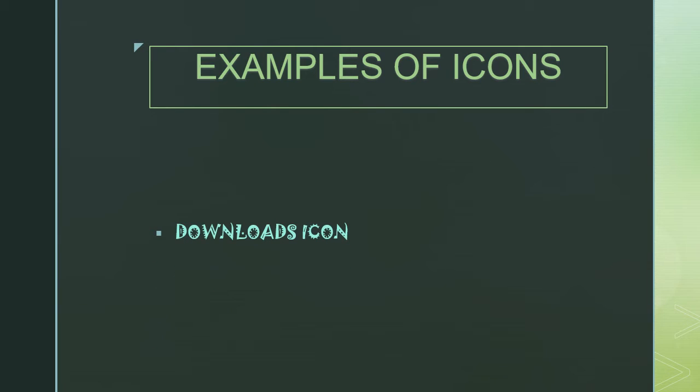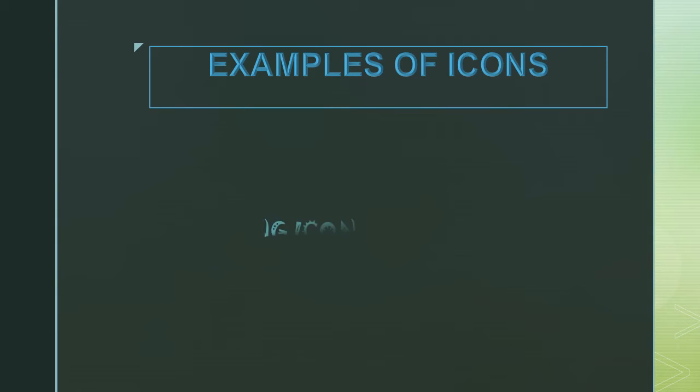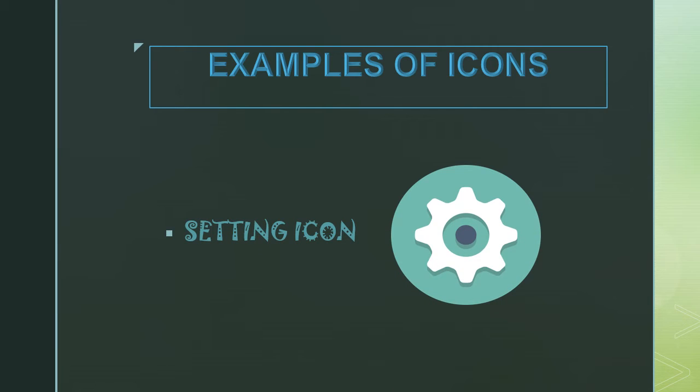You can see here, this icon is present in our mobile phones also and in our laptops and computers also. Third icon is of settings. This icon looks like this. So all the three icons we all are very familiar with. This is just to give the examples so that you may get revised.